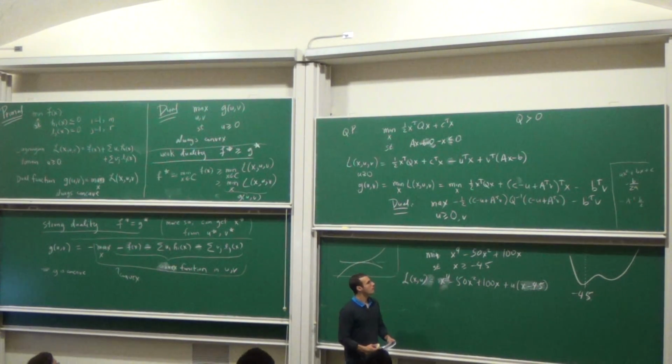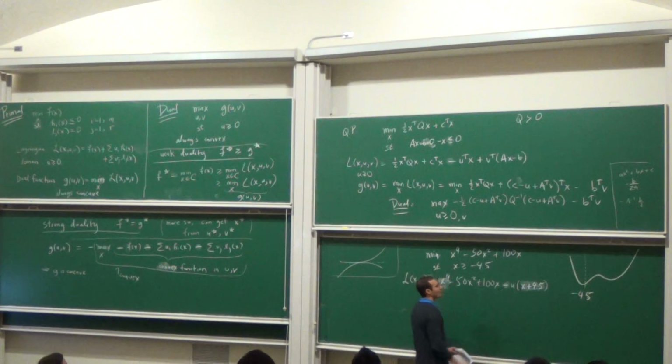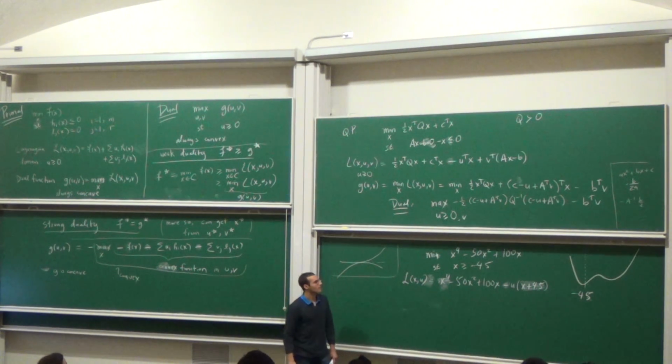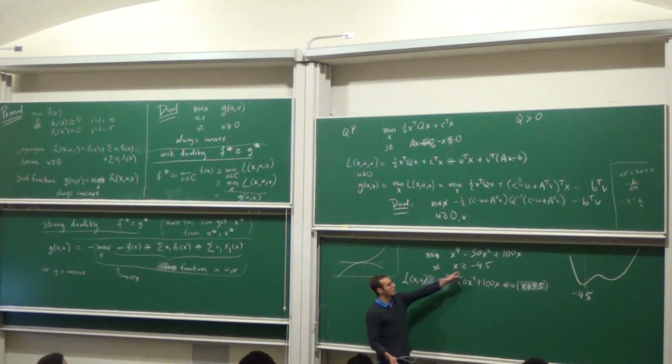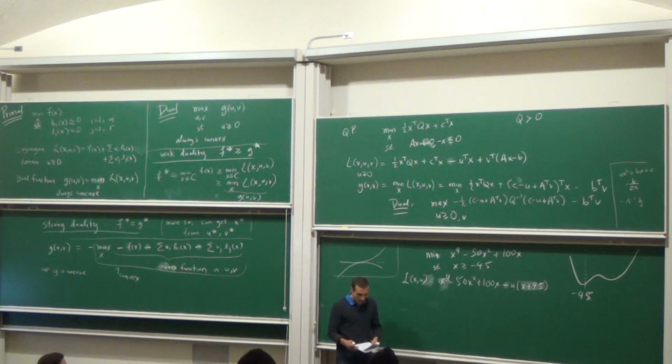I want the constraint in the form something less than or equal to 0, so it looks like minus x minus 4.5 less than or equal to 0, and I multiply that by u.